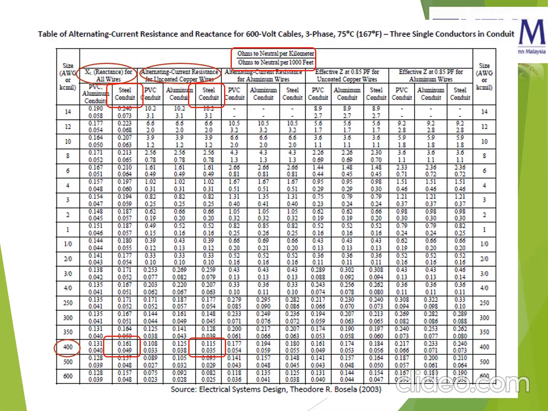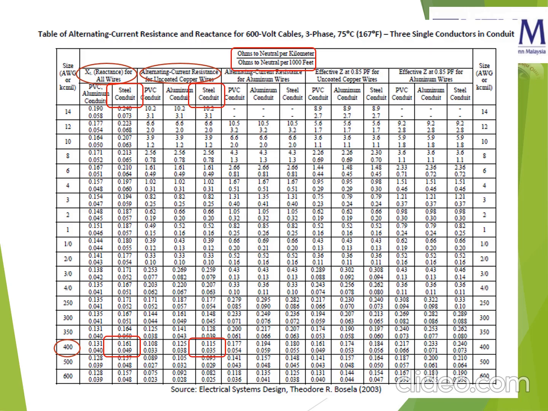Next we have to refer to this table to get the values of R and X before we calculate the voltage drop. First we have to choose the type of the cable. From the example, we know that the type of the cable is 400 THW, so we refer here.